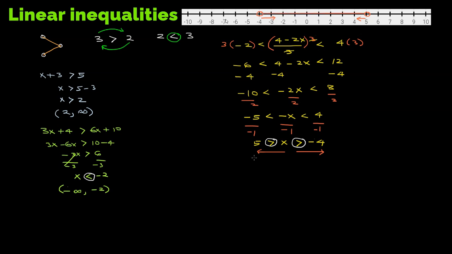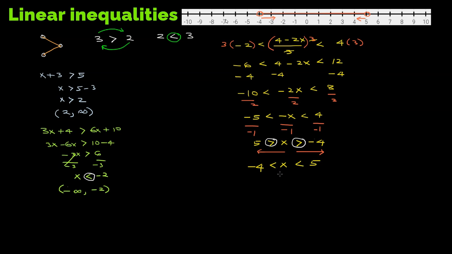And again, since we have to read it from left to right, we read it in this sequence: negative 4, now we are reading in this direction, is less than, remember the angle, is less than x, and also is less than 5. So you can see the relevance of using the count of edges to guide you on how your inequality signs look.